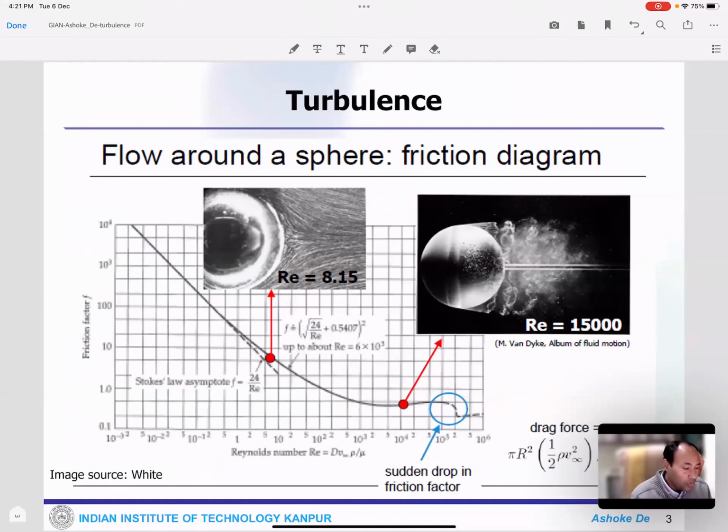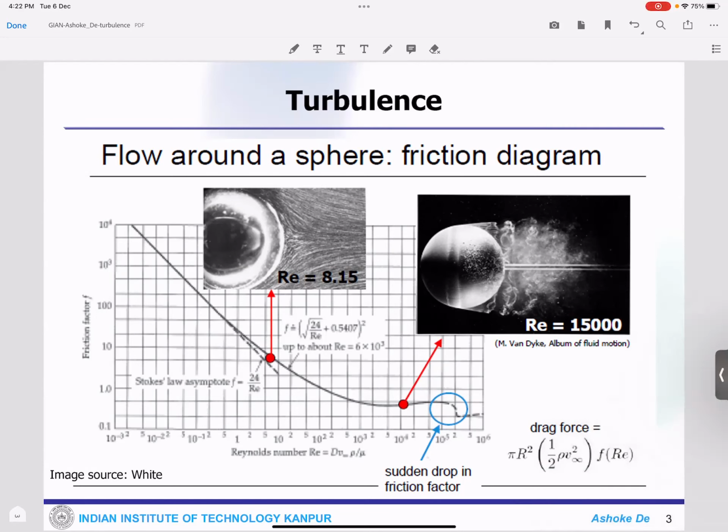If you look at turbulence, this is a very classical picture of flow around these things, where you see the friction diagram with the effect of Reynolds number.